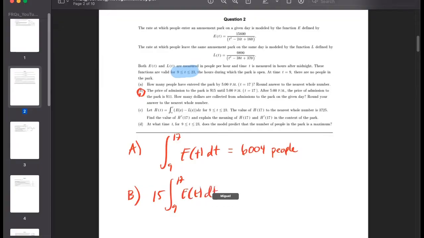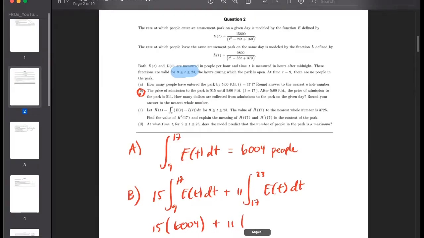If you notice, this is actually the value that we found in part A, plus $11, and then we're going to do 17 to 23 because that's from 5 p.m. up until closing time. And it's the same equation, E of t. If we use our calculator, we're going to do 15 times 6,004 plus 11, and that second integral is about 1,271.